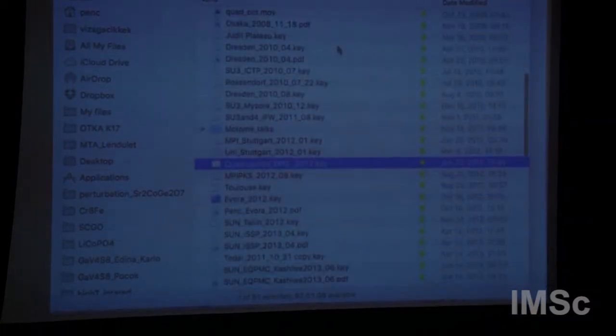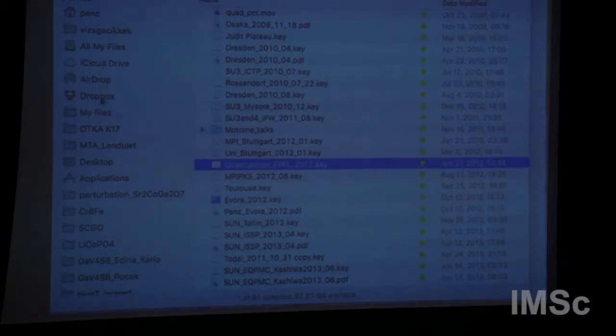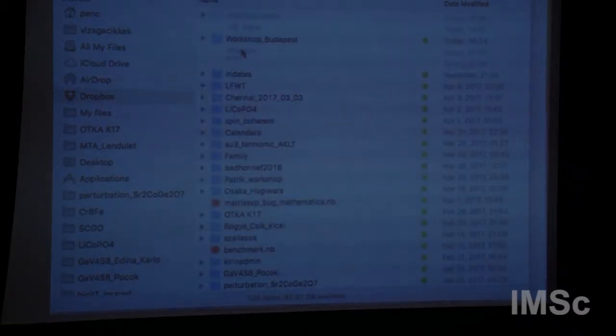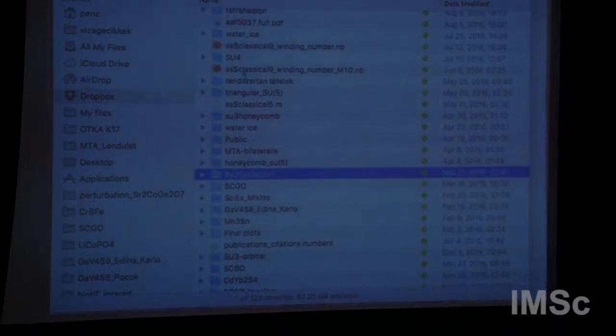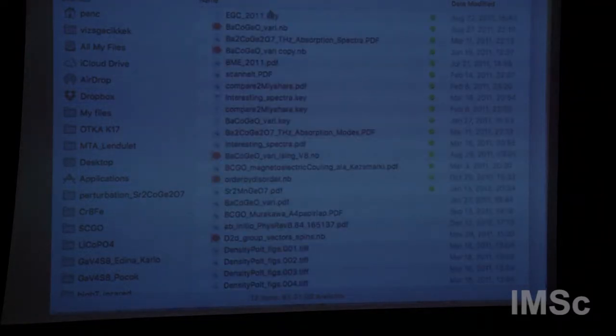My docs. Let's go to docs. Is there any talk here? I hope there is something here. Let's see what this is.